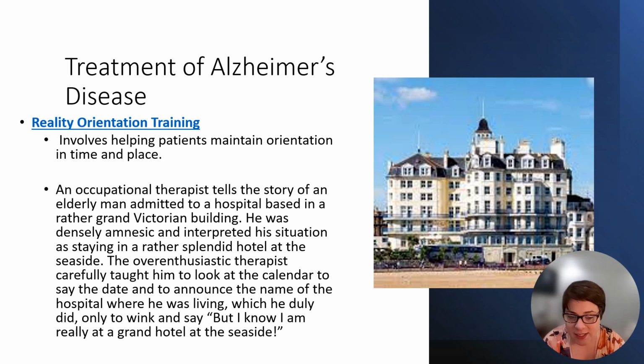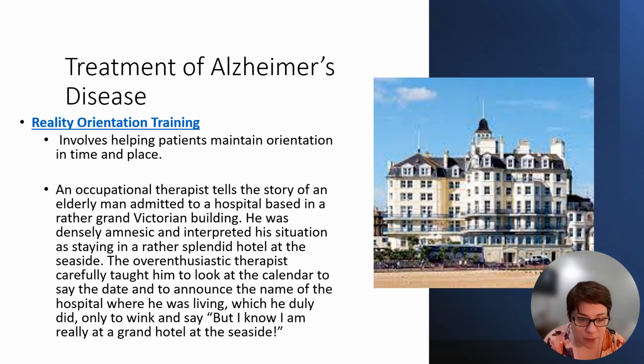So what they tried to do with this patient is they put a calendar in his room, and you can do any number of things. You can put a calendar in there and say, it's Wednesday, July 17th. You can talk about maybe the weather that day. Is it sunny or rainy? And also, of course, the date.